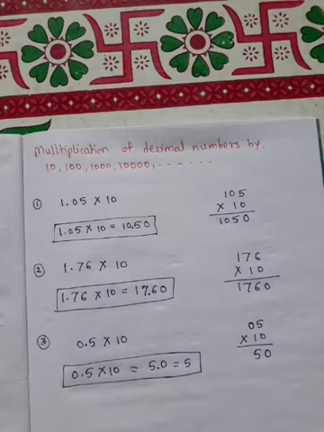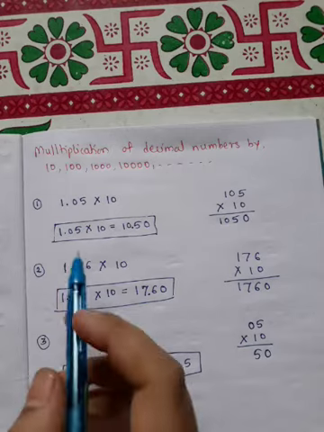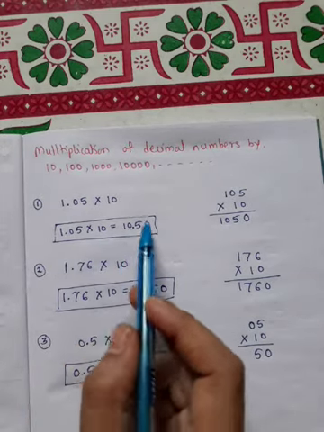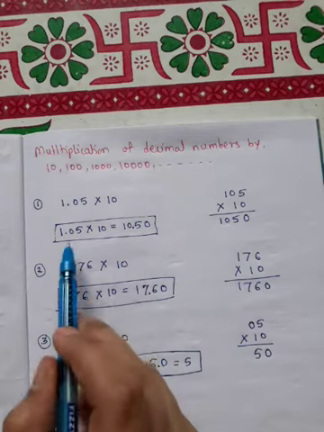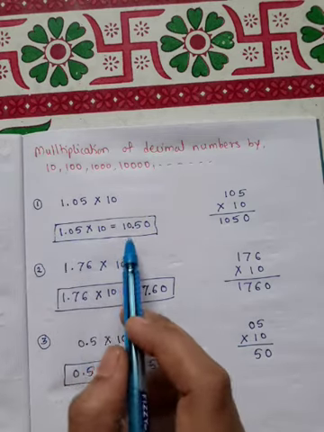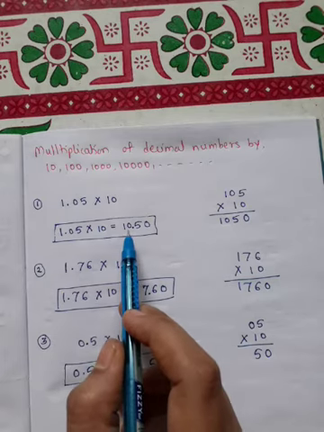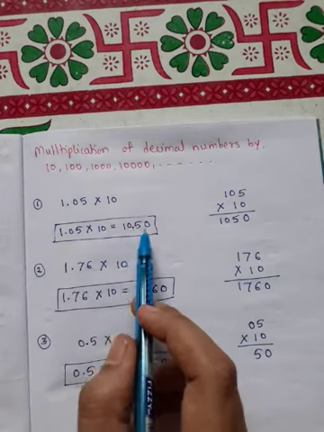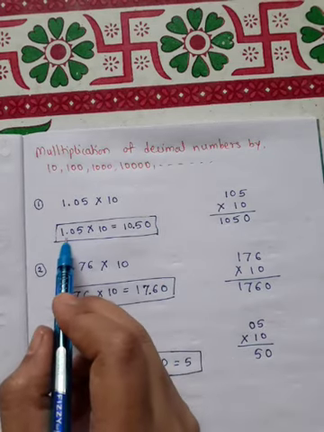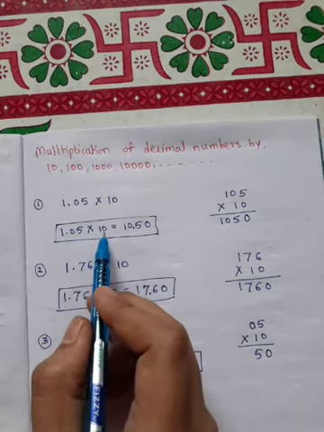Now see what happens when we multiply any decimal number by 10. The digits will be the same. In the product the digits will be the same as in the decimal number. See here the digits are 105, and in the obtained product the digits are also 105. Okay, so what changes when we multiply 1.05 by 10?